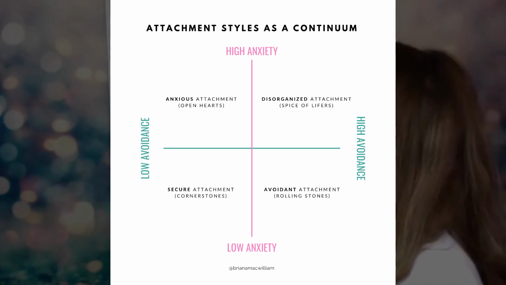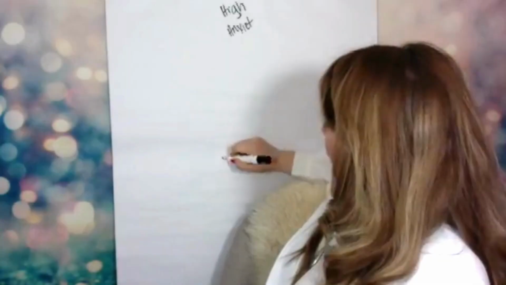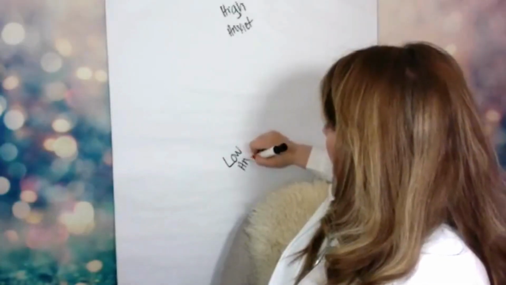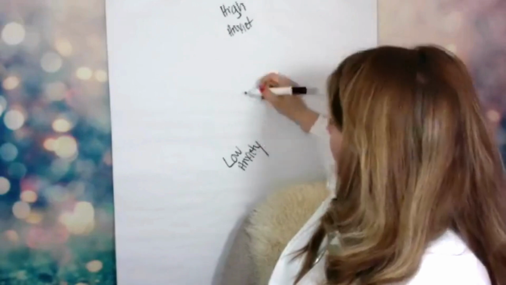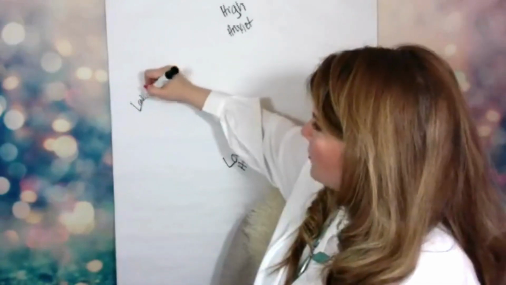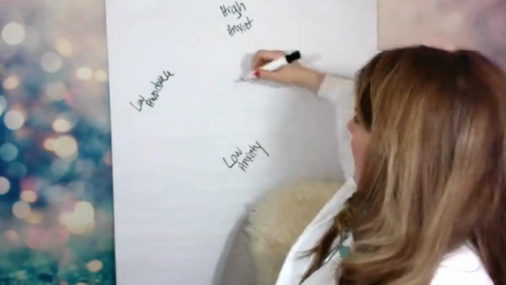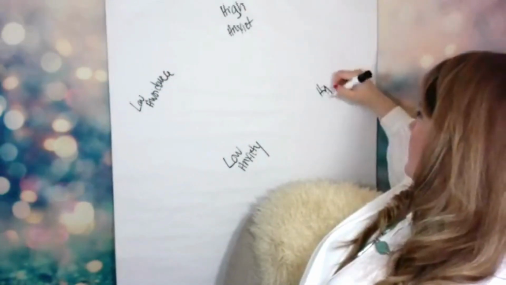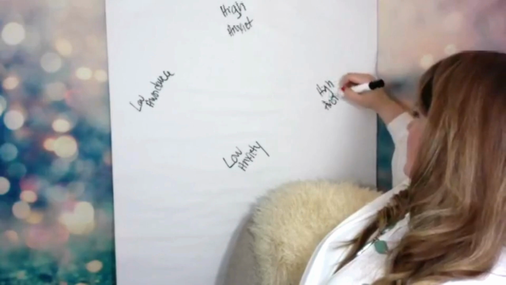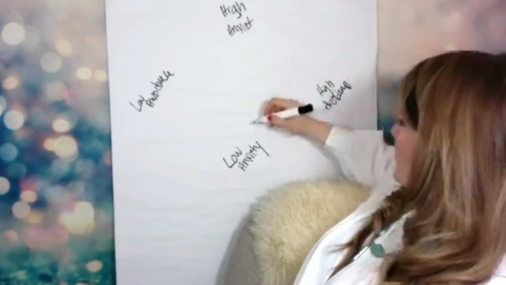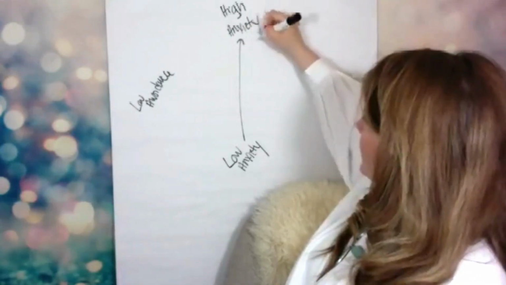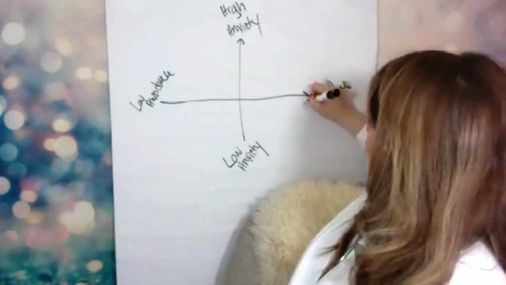Let's say you have high anxiety, and then we have low anxiety. Let's call this low avoidance, and we have high avoidance. Okay, so low to high anxiety, low to high avoidance.